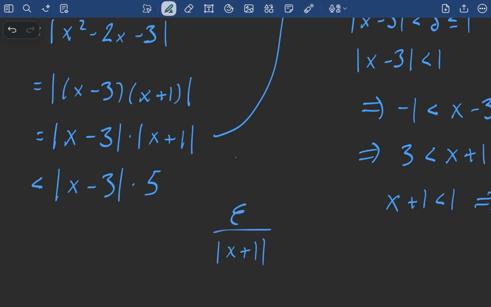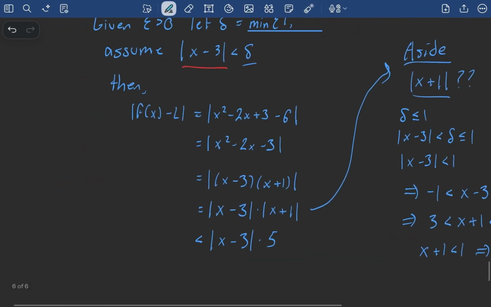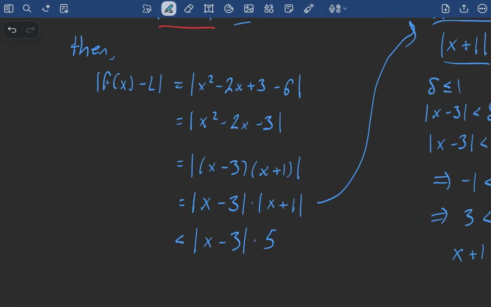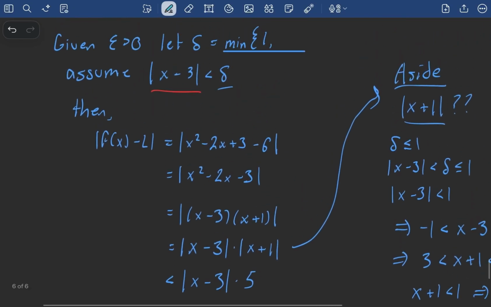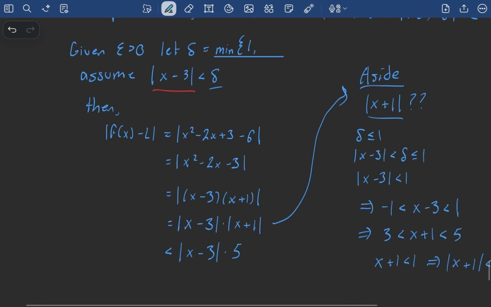Oh, because then if I multiply this by the absolute value of x plus 1, these guys are just going to cancel out, and I'm going to end up with delta just how I wanted. No, don't do that. You can't do that because we still have variables in here. We still have x as a variable. And since our delta is supposed to be constant, we can't declare it in terms of a variable. And that's a very common error.